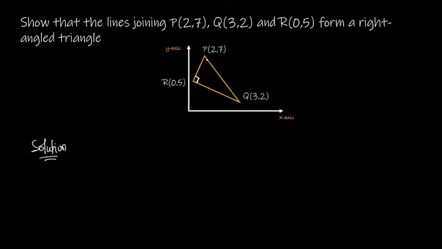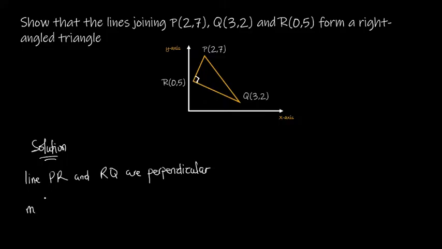If the angle over here is 90, it means line PR and line RQ are perpendicular. And because they are perpendicular, we are expecting their gradients to give us -1 when we multiply them together. So let's go ahead and calculate their gradients and see that.